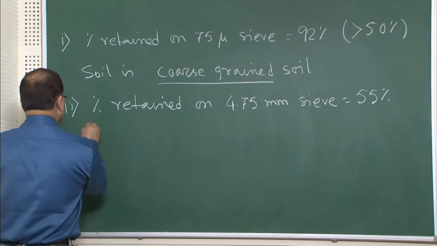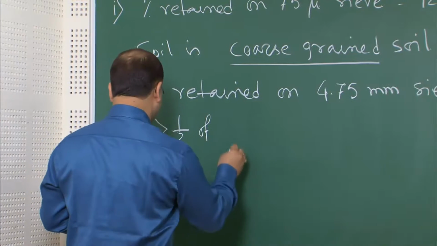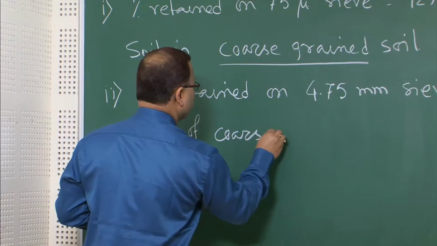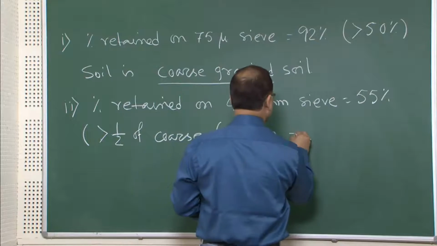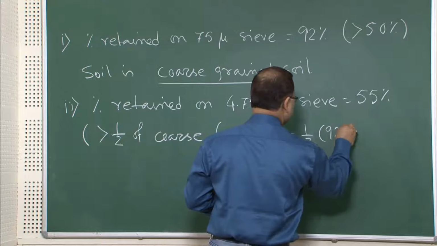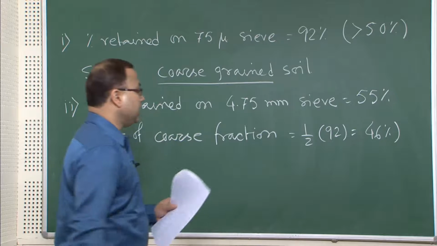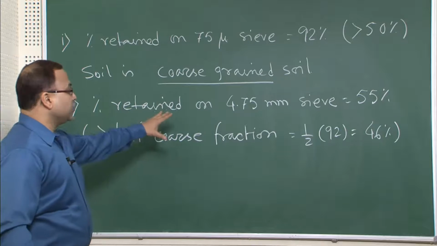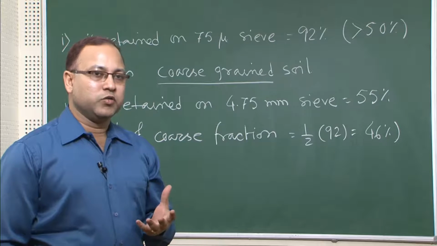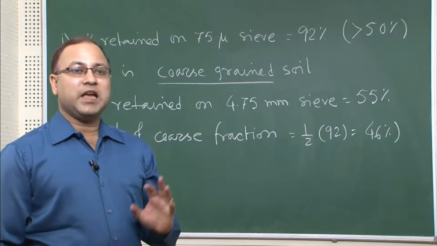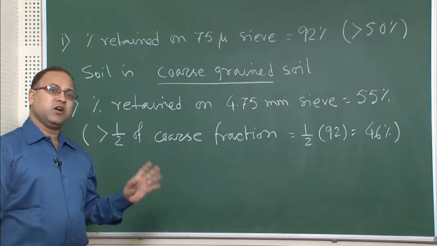Now, as we know, half of coarse fraction, that means 50% of coarse fraction, will be half of 92, which is coming as 46%, right. So, based on the retention on 4.75 millimeter sieve, basically what we can conclude is whether the soil is gravel or sand, right. So, that 4.75 millimeter sieve is crucial for classifying the soil as gravel or sand.